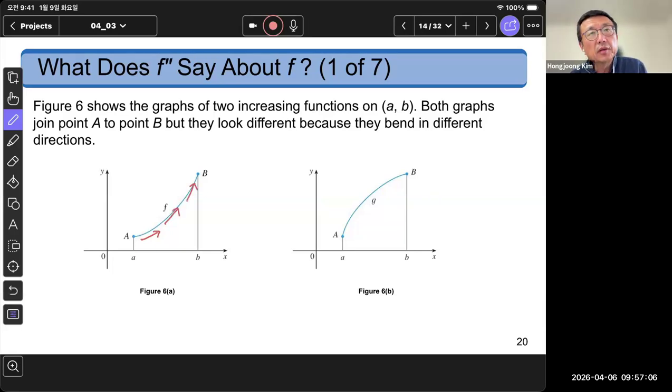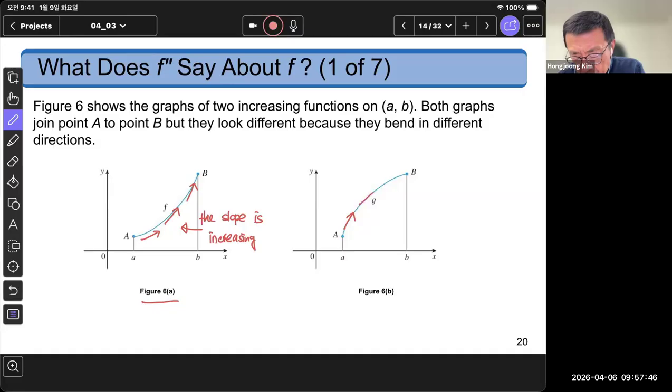Slope is like this. So between a and b on the left, in figure 6a, the slope is increasing. Please note that the slope is increasing. But in figure 6b, at D or C, the tangent line is very steep, meaning a large slope.